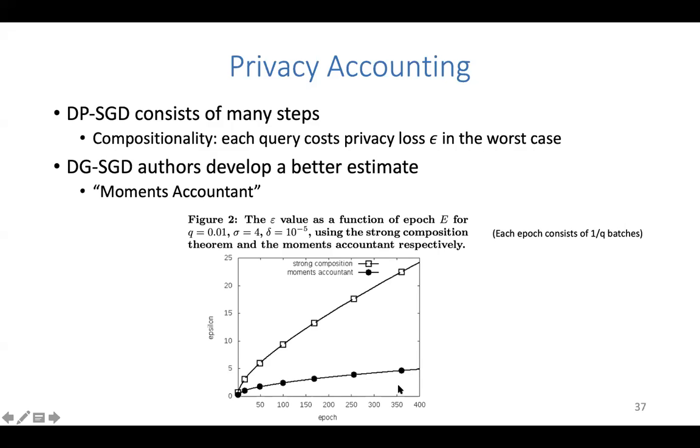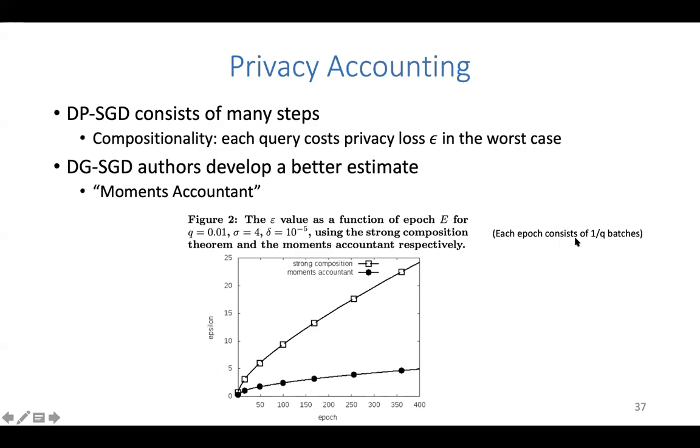So DP-SGD guarantees, for example, when you use q equals 0.01, sigma equals 4, delta equals 10 to the negative 5, then your privacy loss increases by only this much, even if you do 400 epochs of updates. Here, you can think of q as each epoch consisting of 1 over q batches.